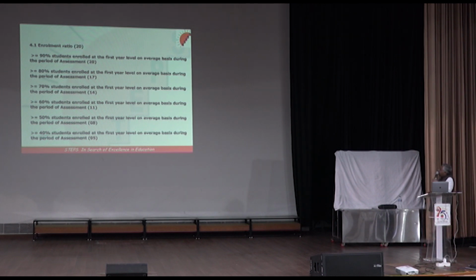Enrollment ratio has 90%, first year 20 marks, 18 up to 5. Now they have brought it down to 40%. Earlier it was only up to 60% or 50%. Even at 40% they are giving us the marks, 5 marks, whereas earlier it was 0 marks.